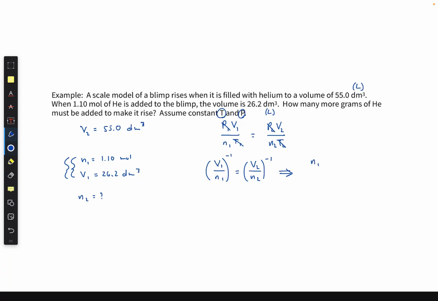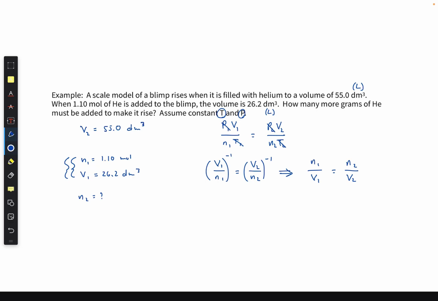And what that means is that N1 over V1 equals N2 over V2. So you can flip the whole proportion over and do it that way. And that puts N into the numerator for you. The other option is you can multiply both sides by N2 and then divide and multiply by the other variables to get N2 by itself.